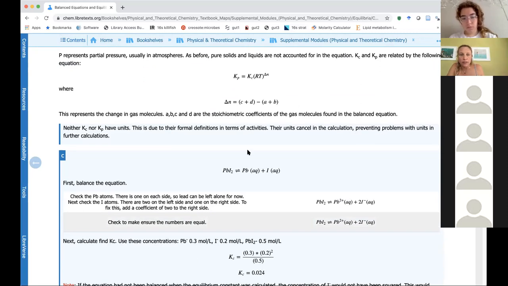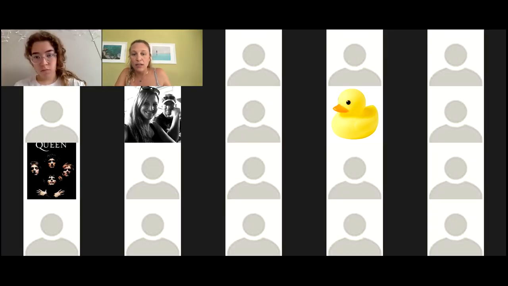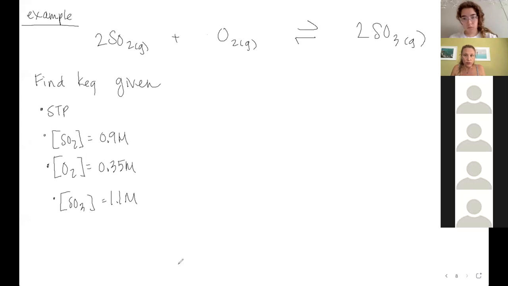Okay, it doesn't really seem like that is stating it outright either, but it seems that we need to make sure that we're balancing the equation using whole integers that are as reduced as possible without going to fractions. So I guess that's just like a general rule of thumb. I have always done that, but I didn't know that you had to do that. But now we're going to explicitly state that it needs to be as reduced as possible while still being whole integers.